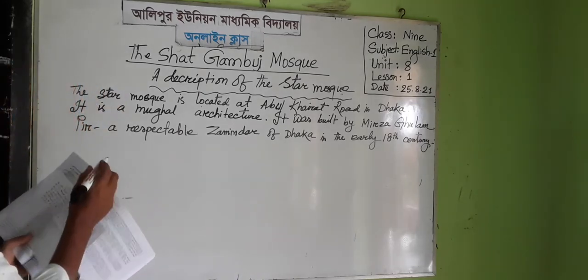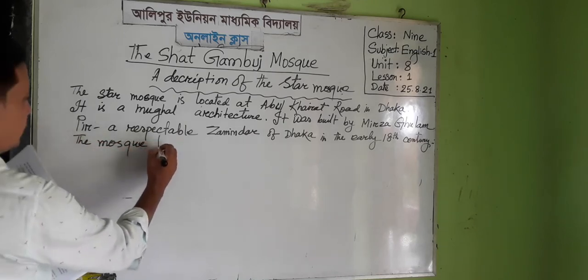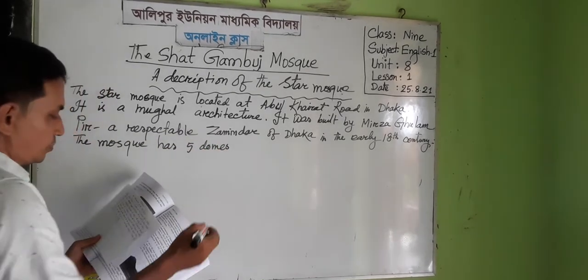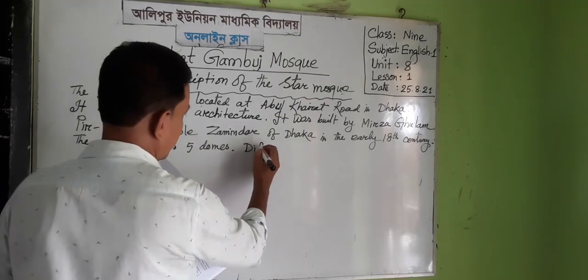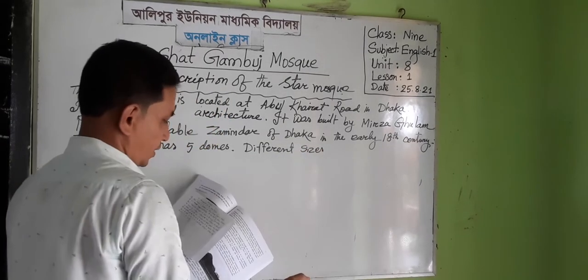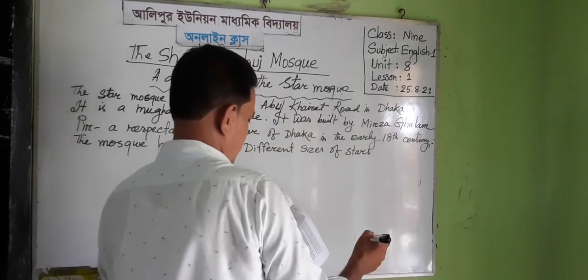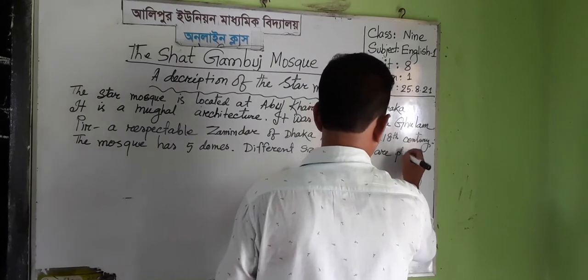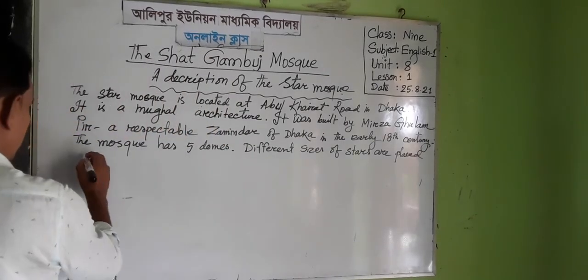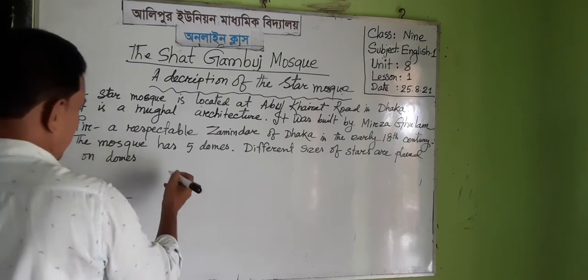And next, the mosque has 5 domes. Only 5 domes. Next, different sizes of stars are placed on domes and outside of the wall.